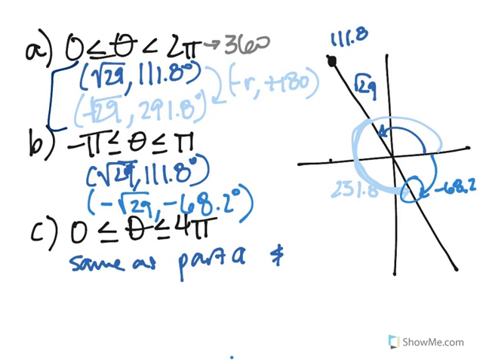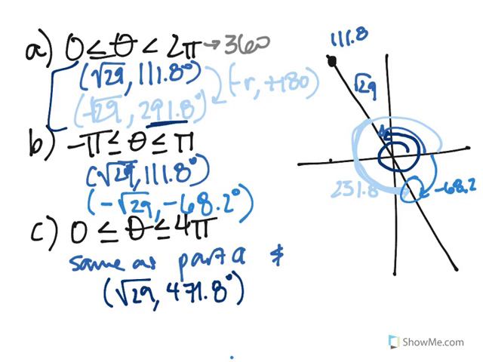So I'm going to go around and then to that 111. So 360 plus 111.8 is 471.8. So root 29, 471.8. And then I'm going to take my other angle from my original group, that 291.8, and add 360 to that as well.